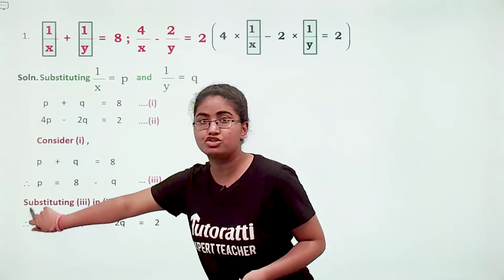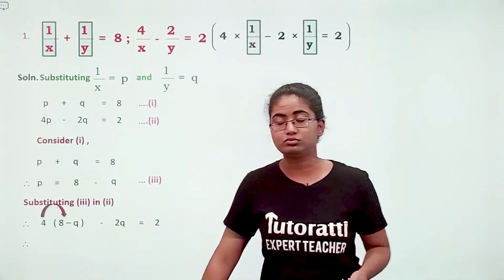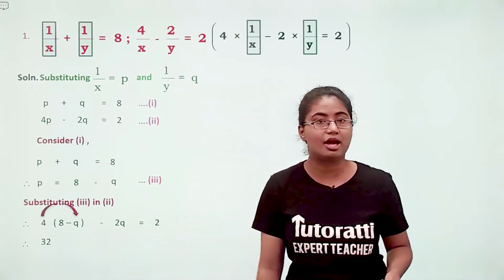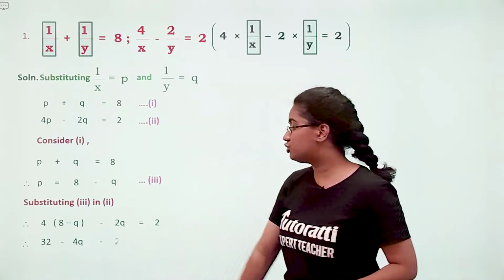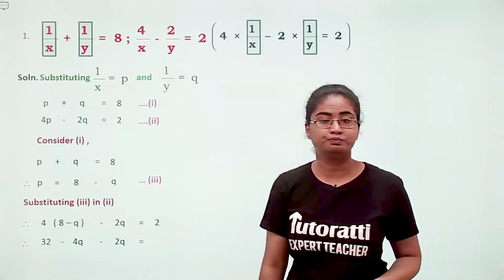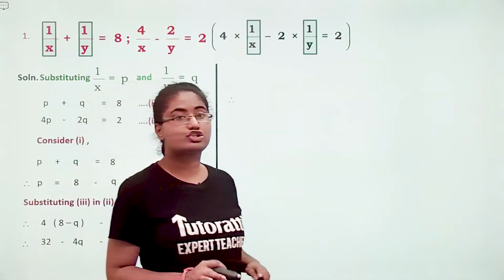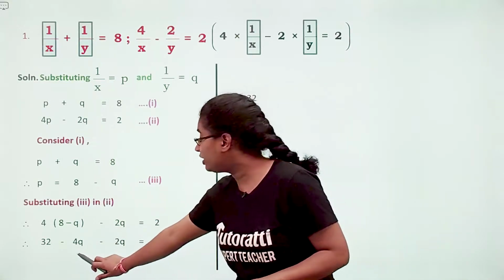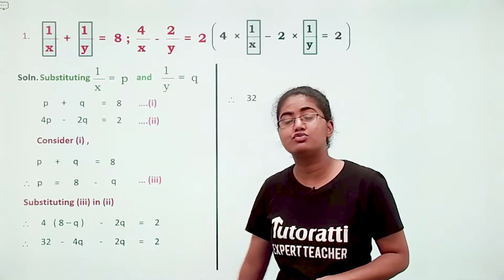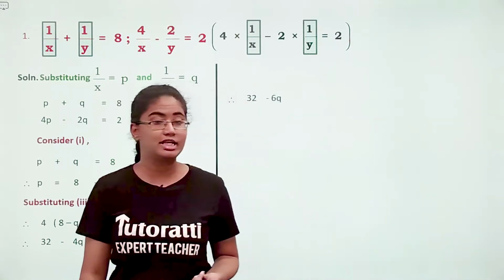Bracket operations. 4 multiplied by 8 is 32 and 4 multiplied by minus q is minus 4q. Minus 2q is equals to 2. Simplification. Only simplification. अभी क्या करोगे? You have 32 as it is, minus q minus 4q minus 2q क्या आएगा, minus 6q is equals to 2.